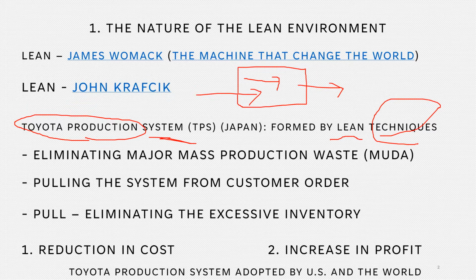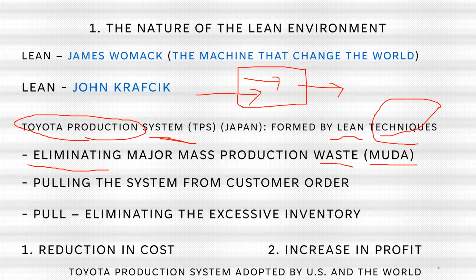So eliminating major mass production waste. Muda is a Japanese word meaning waste. Again, the technique in this system is to eliminate. What are we eliminating? We're not doing mass production, because mass production needs space to keep the excessive products before they go into the market.